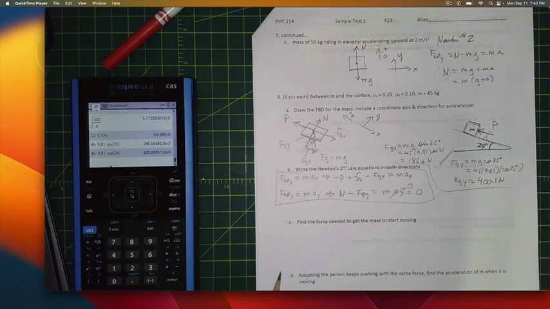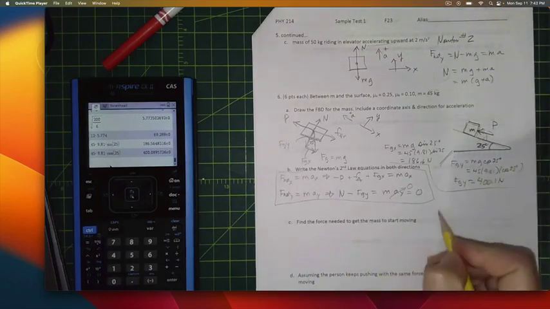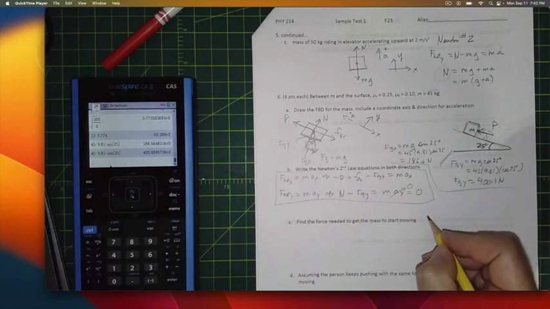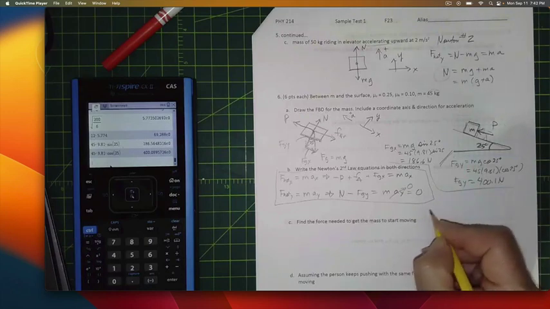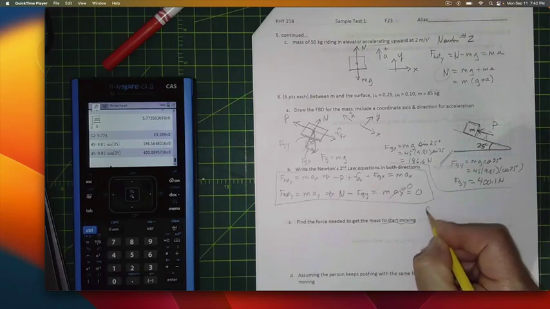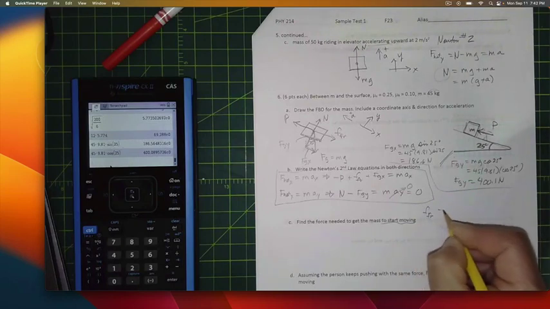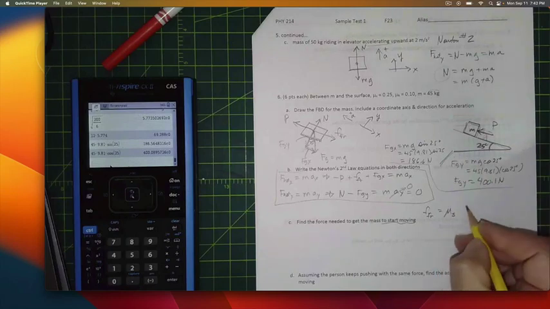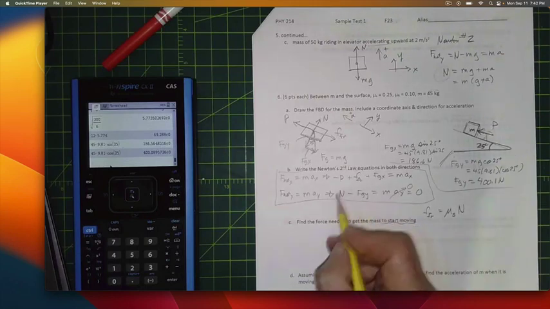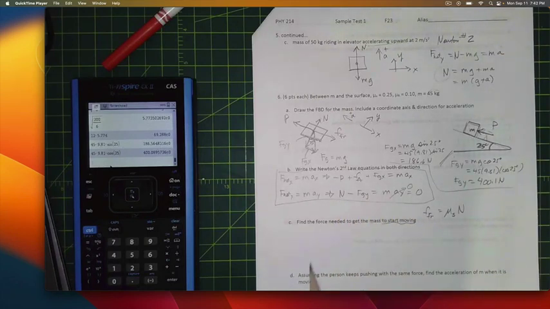Part C says find the force needed to get the mass to start moving. For this one, we're going to need to put in some more details about the force of friction and so forth. So let's go ahead and calculate it. To start moving means it's not moving. We're going to use F of friction equals mu sub s, static friction, times the normal force. We can use this equation to solve for the normal force.